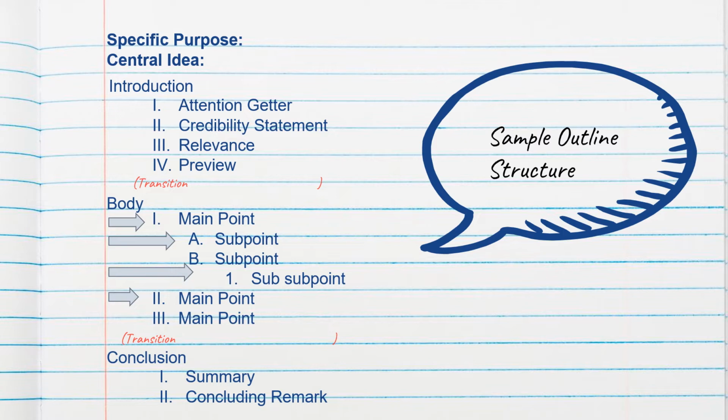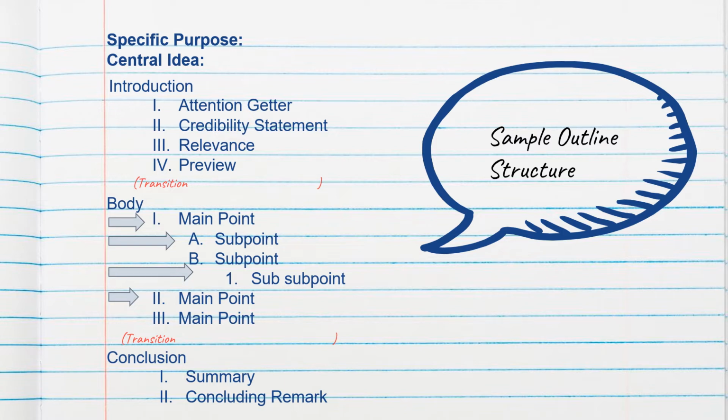You will identify your specific audience, and then you will also include what the purpose of the speech is without using the word and. There's only one purpose. The central idea statement will include your main points of the speech. Remember, there's only 2 to 5. That central idea statement is also the thesis of your speech.